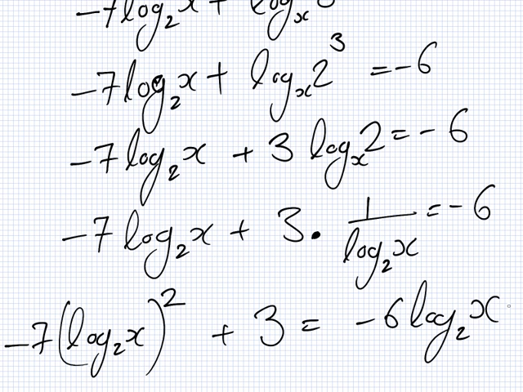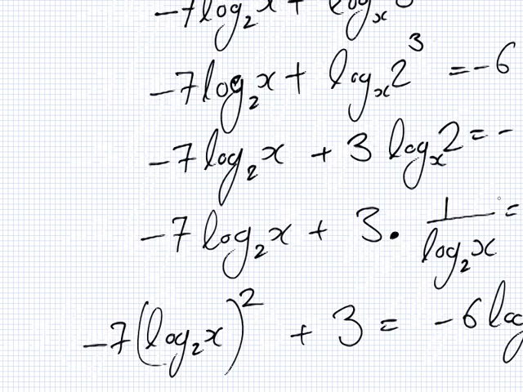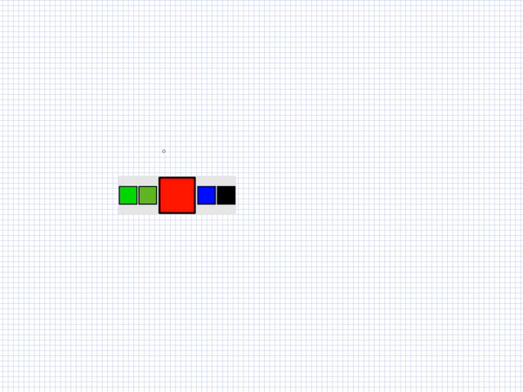If I multiply everything by log, this will be log by log, log squared, log and log cancel at the end here. Now before I continue, I need to say something here. Some people will make this mistake, so let me make it clear now.